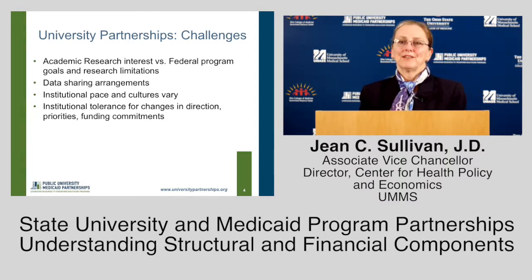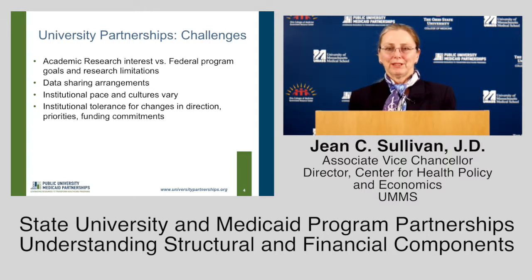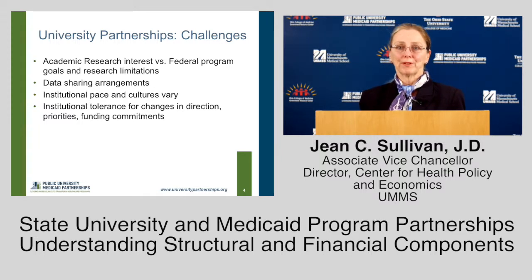State agencies are, by nature, political organizations that have to respond to a lot of external demands from legislative leadership, from their governor's office. Priorities change. The state agency is built for that kind of agility to accommodate changes in priorities.